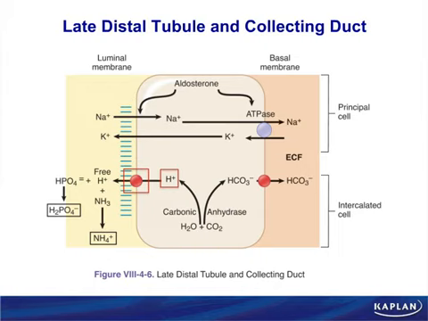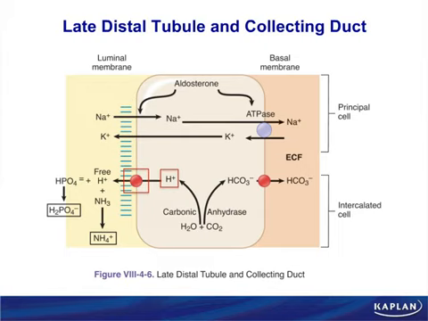Therefore, aldosterone, by increasing secretion of protons from the intercalated cells, increases synthesis of new bicarbonate molecules. Therefore, aldosterone can lead to high serum bicarbonate levels. We call this a metabolic alkalosis.